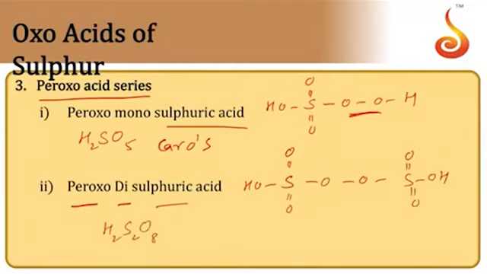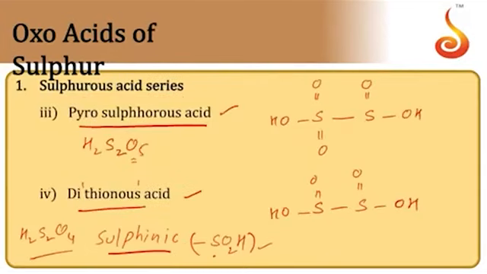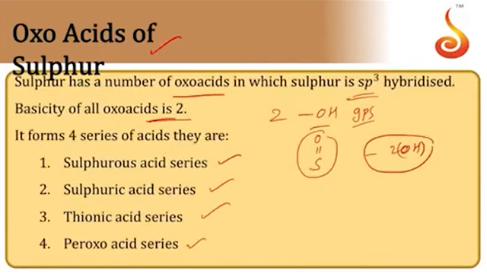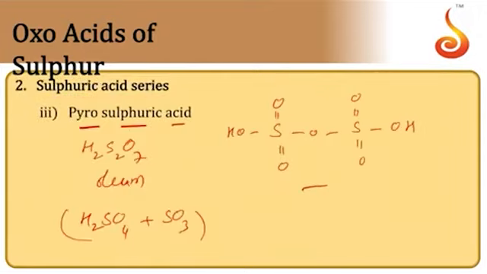One more name is Marshall's acid. So H2S2O8 is Marshall's acid. It belongs to the peroxy acid series because we have a peroxy bond in it. So sulfur finally forms four types of acid series: the sulfurous acid series, sulfuric series, thionic series, and peroxy acid series.